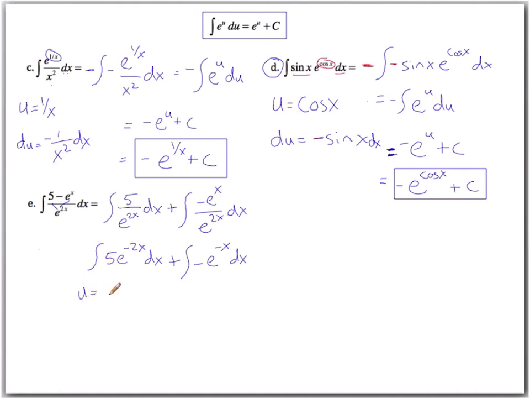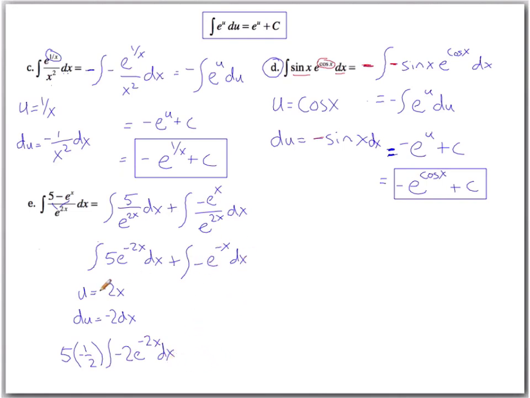So in this one case, u is going to equal negative 2x, and du will equal negative 2 dx. So you can see we're missing the negative 2. So let's rewrite this as 5 times negative 1/2 times the integral of negative 2e to the negative 2x dx.